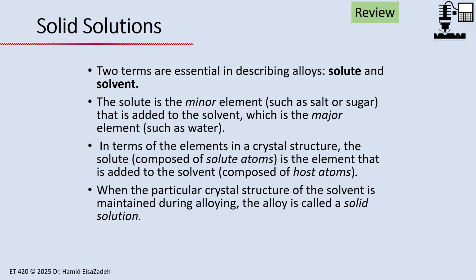And we also discussed some of the terms that we use in solid solution. For example, solute. What is the solute? Solute is a minor element that is going to be added to the solvent. So in the sugar and water, the solute is sugar, and solvent is going to be the major element, such as water in the syrup example.